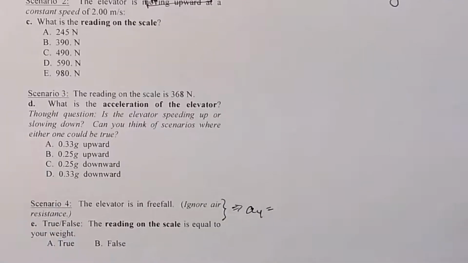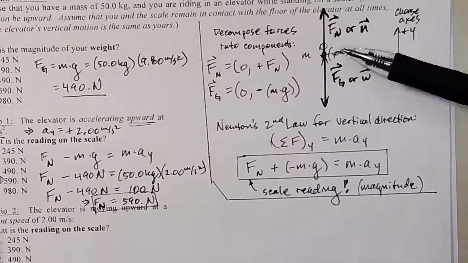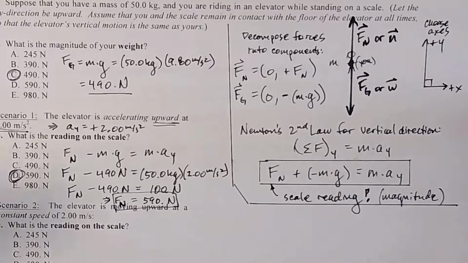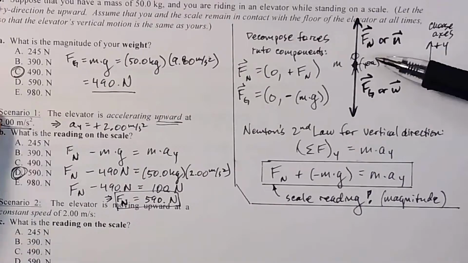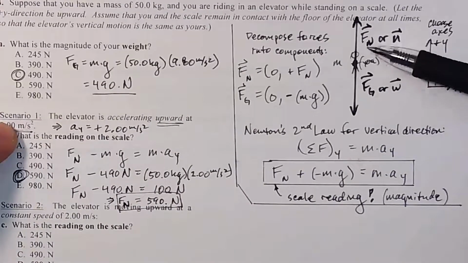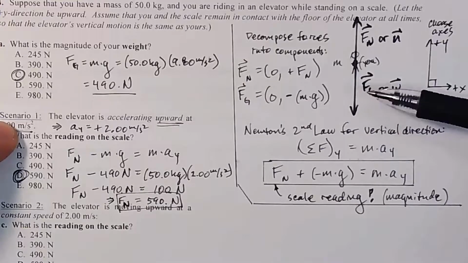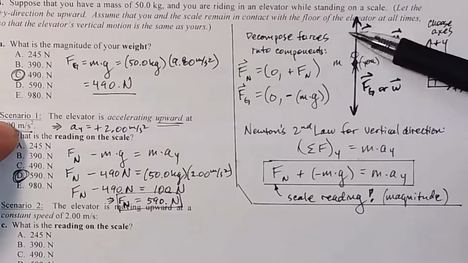So the only force acting on you and the elevator and everything inside of it would just be the weight. That would be like if the cable snaps and there's no air resistance and the elevator starts to plummet downward. So in that case, the only force acting on you is going to be your weight. Therefore, there will be no normal force at all.